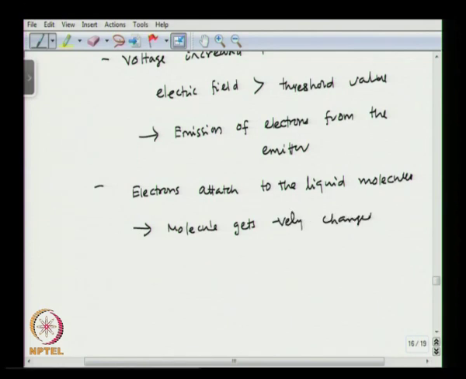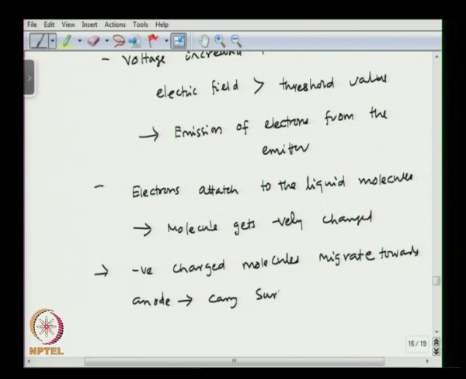These negatively charged molecules migrate towards the anode and carry the surrounding fluid, which is called the ion drag effect. That is why it is known as the ion drag micropump.